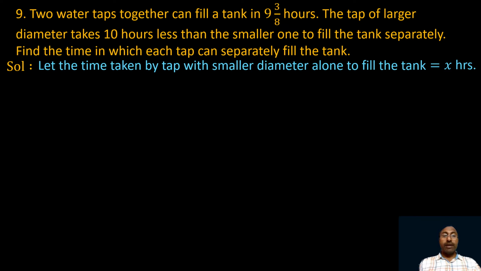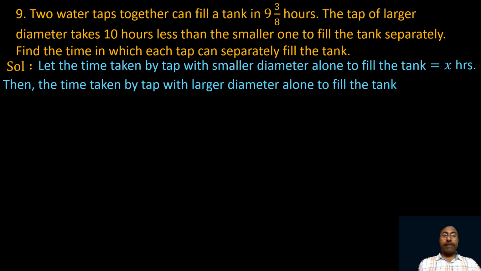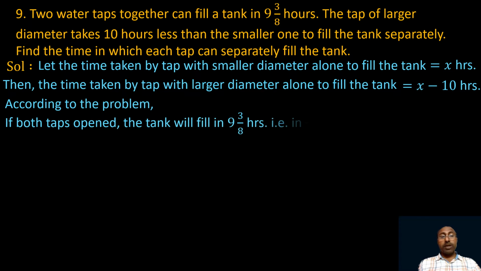So the time taken by the tap with larger diameter alone to fill the tank is x minus 10 hours. According to the problem, if both taps open, the tank will fill in 9 3/8 hours. If we convert into an improper fraction, 8 9s are 72 plus 3, 75/8 hours.